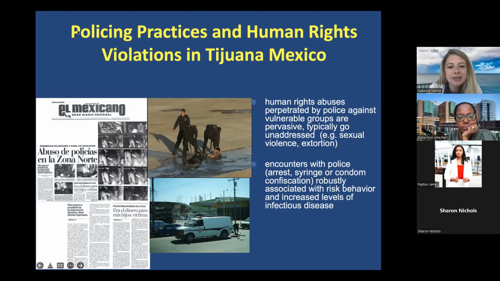And these policing encounters, such as arrest, syringe confiscation, and condom confiscation, have been robustly associated with elevated risk behavior. We have a number of longitudinal cohorts of people who inject drugs, female sex workers, and men who have sex with men that have been working for the past 15 years in Tijuana, documenting exposures to these negative police interactions and how they are associated with increased risk and increased levels of infectious diseases.